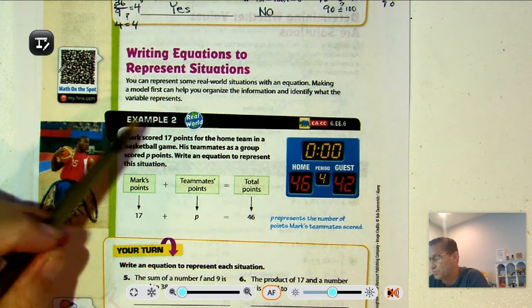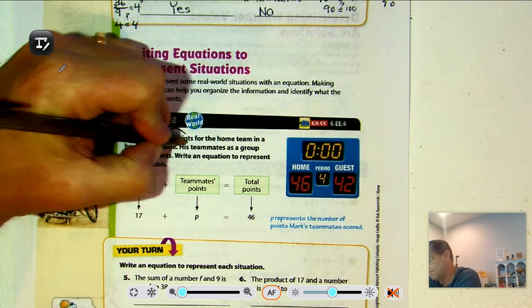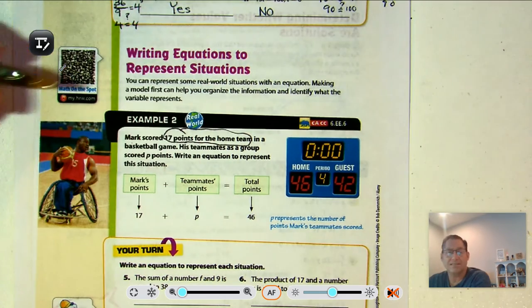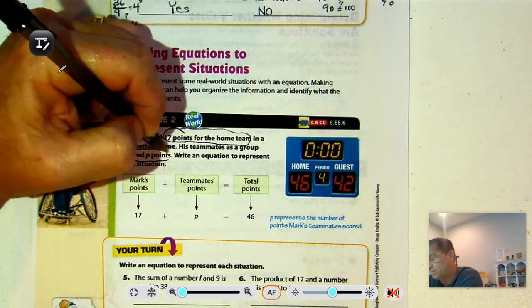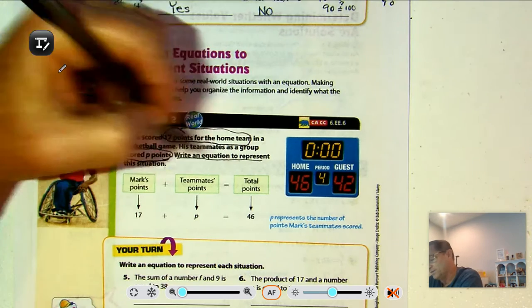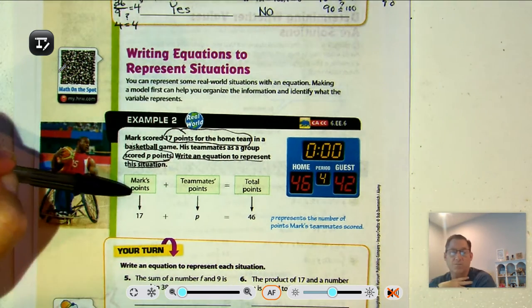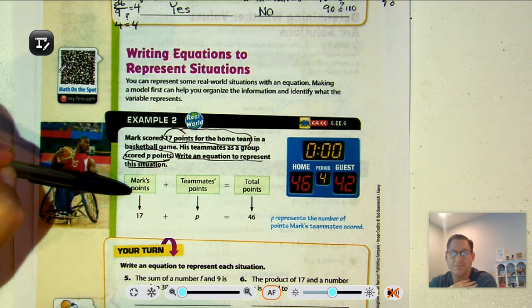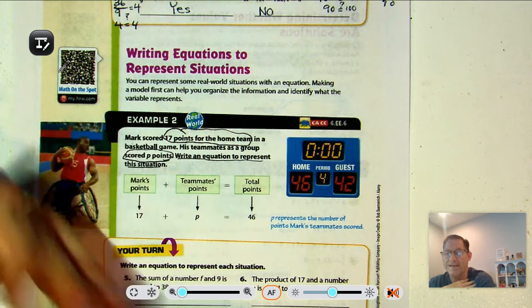Mark scores 17 points for the home team in a basketball game. His teammates as a group scored the rest of the points. So we have to write an equation to represent the situation. So we know a certain number of Mark's points, right? They gave us his points, plus his teammates' points will give us the total points in the game.